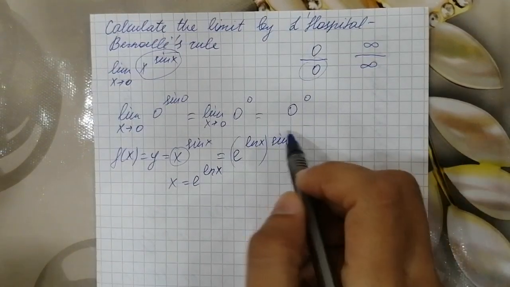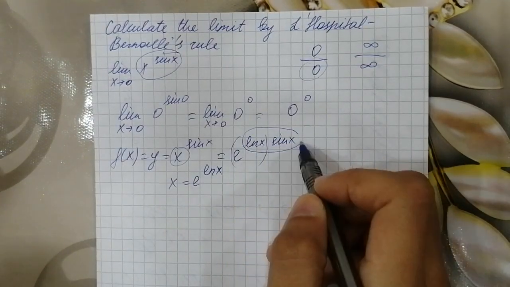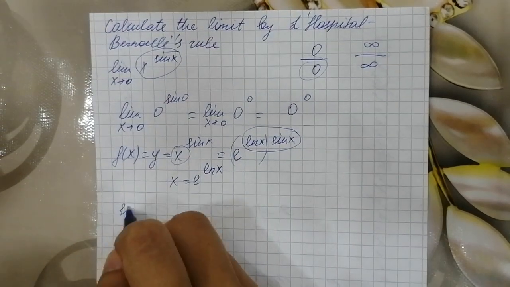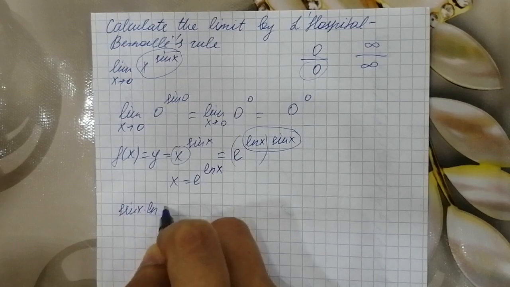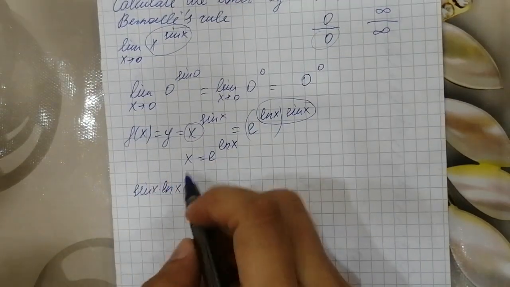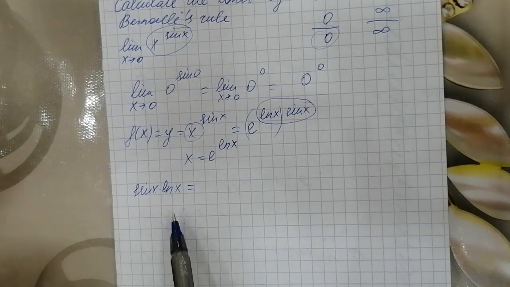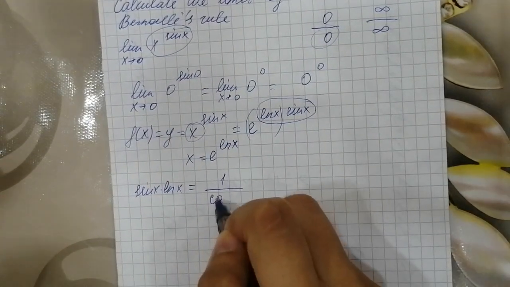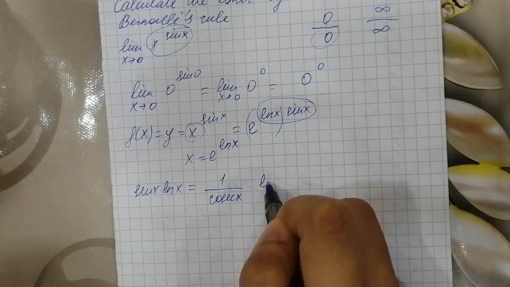But from now on, I'm just going to look at the power of it: sine x times ln x. Sine x is equal to 1 over cosecant x, so 1 over cosecant x times ln x.